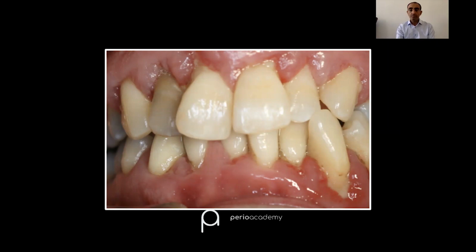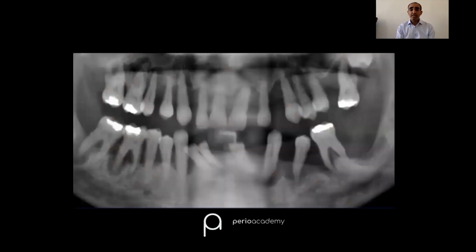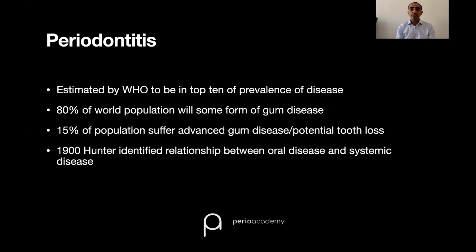When we take some x-rays, unfortunately, you can see there's a significant amount of disease. There's a lot of bone loss. In the mouth clinic, you'll see a significant amount of gum pocketing, but on the radiographs, you'll see a significant amount of bone loss. And we know the main causes of gum disease tend to be quite multifactorial.